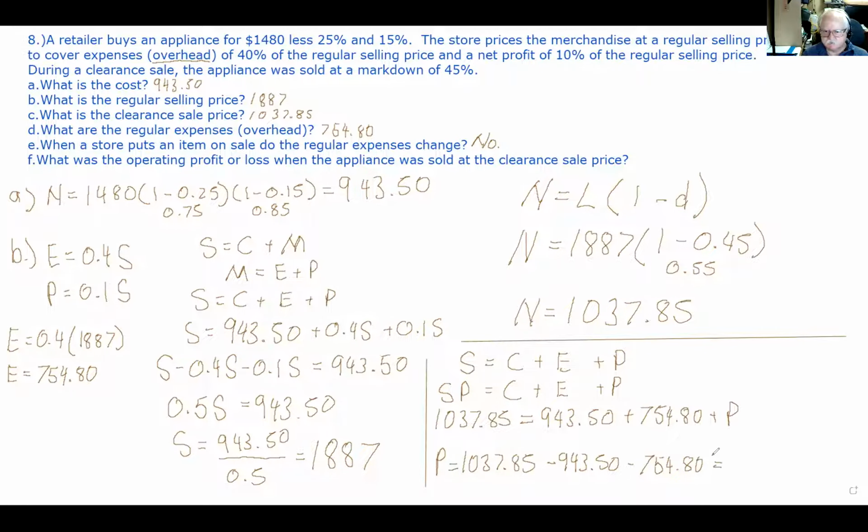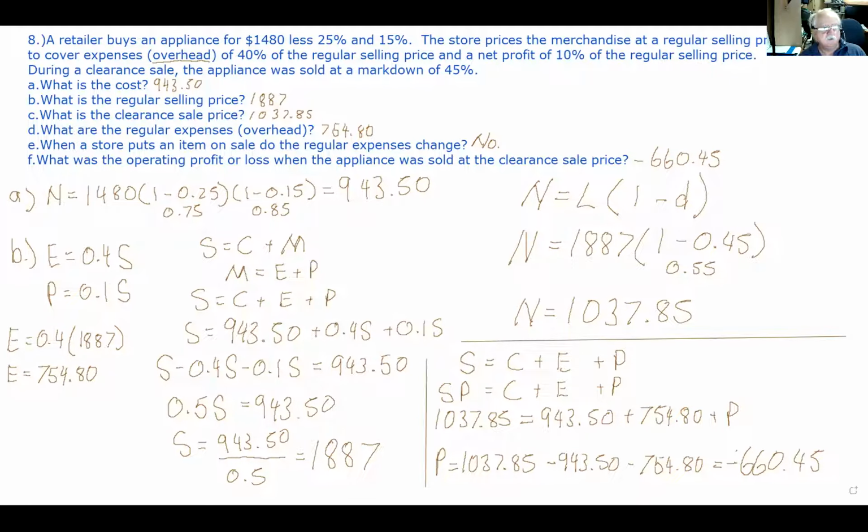So this is telling us they made a loss of $660.45. So let's hope that works out. Negative 660.45. So any questions on how that worked for us?